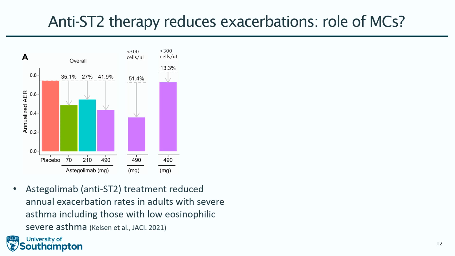If you look on the right-hand side and stratify patients by eosinophil count, in patients with higher than 300 cells per microliter it was not as effective as in patients with low eosinophil count. So it could be a targeted therapy for patients with asthma which are not eosinophilic driven, but neutrophilic, which is that difficult to treat severe asthma.